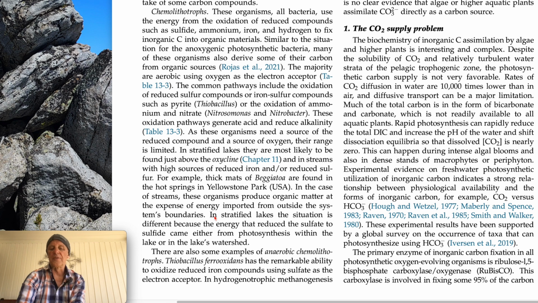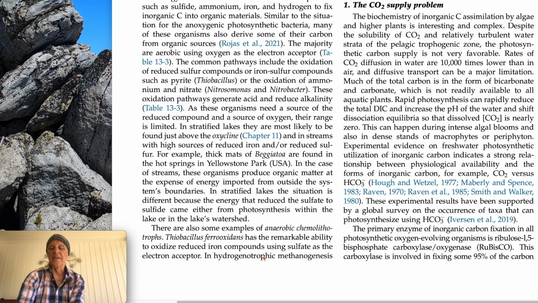In the case of streams, these organisms produce organic matter at the expense of energy imported from outside the system's boundary. In stratified lakes, the situation is different because the energy that reduced the sulfate to sulfide came either from photosynthesis within the lake or in the lake's watershed.